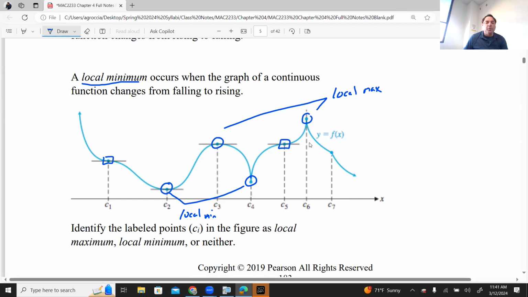These are not extrema. They're not highs and lows. They may show up, they may be part of the process, but every time we find extrema, we always like to go to the original graph and verify, is it a max or a min? Because the process we're going to do may show that it's high, that it's low, things like that.